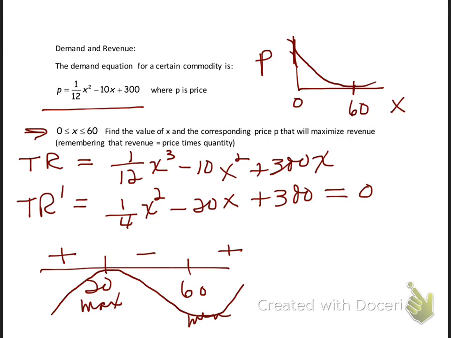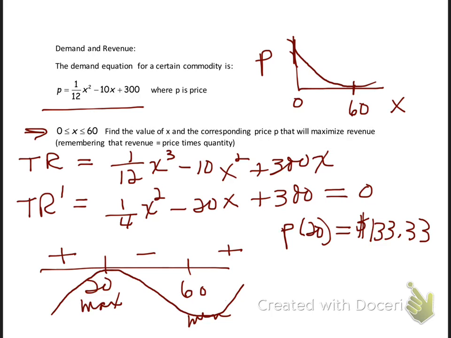So what do I know about that? First off, if I want to figure out the price, because that's one thing they asked me to do, find the price also, take your price and evaluate it at 20, and you're going to charge a price of 133.33 so that you can actually sell 20 of the items.